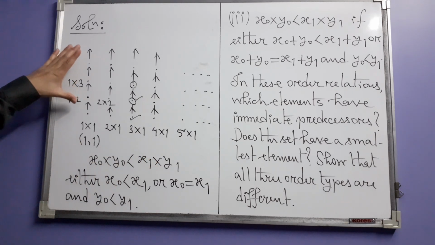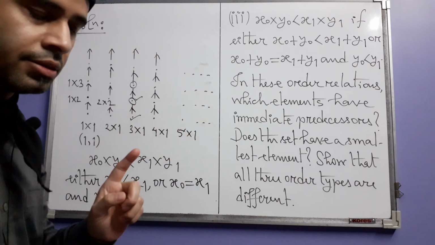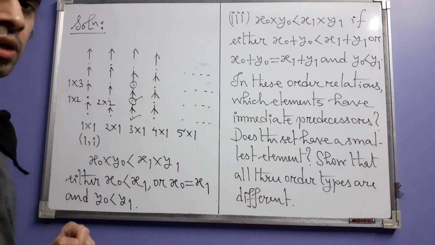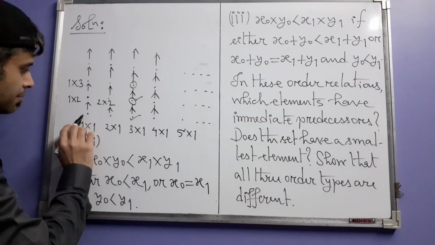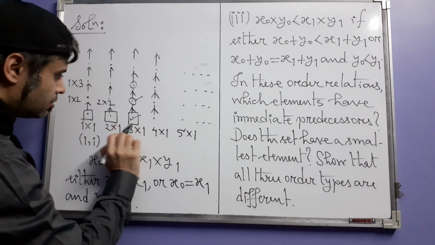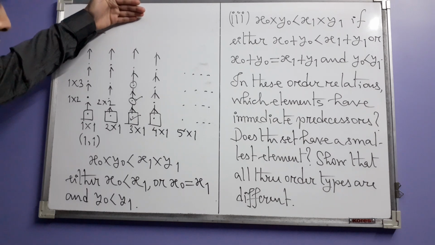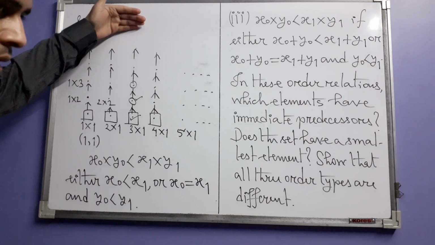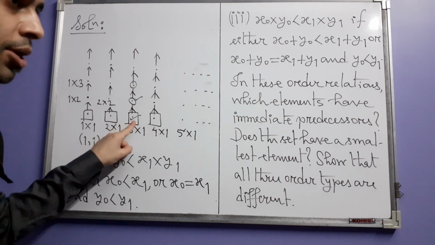So like that, almost all elements here have immediate predecessors, but there is a special subset of elements which do not have immediate predecessors, and they are these base level elements. Let me enclose them within boxes. Why though? See, the thing here is that as you come down along any given vertical line, you keep on getting immediate predecessors until you hit this bottom element.